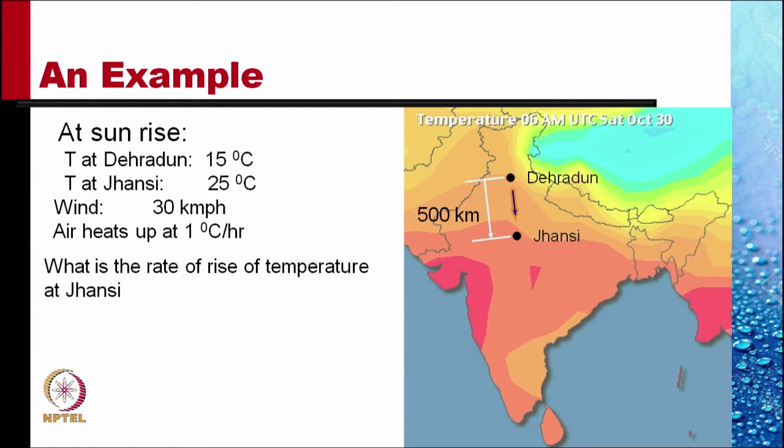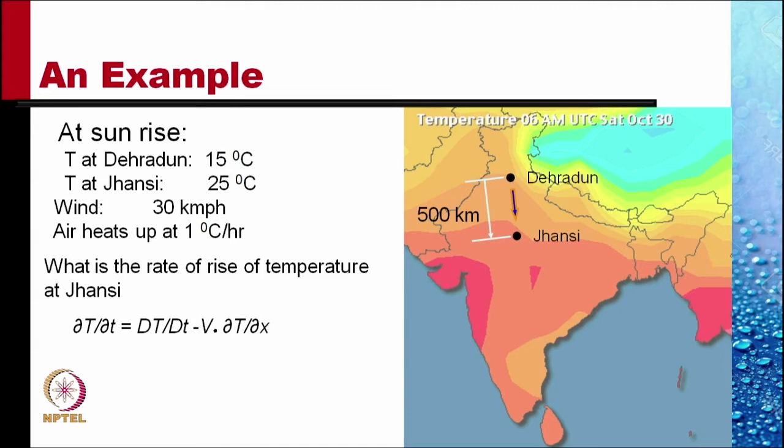There is a spatial gradient of temperature. Temperature rises from 15 degrees Celsius to 25 degrees Celsius over a distance of 500 kilometers. So del T by del x is 25 minus 15, that is 10 degrees Celsius divided by 500 kilometers. The local rate of change at Jhansi, del T by del t, is dT by dt minus V dot del T by del x.